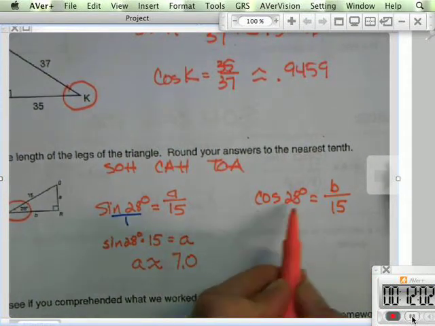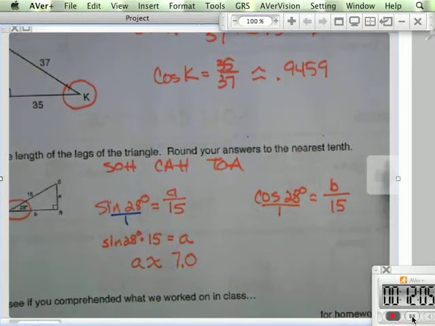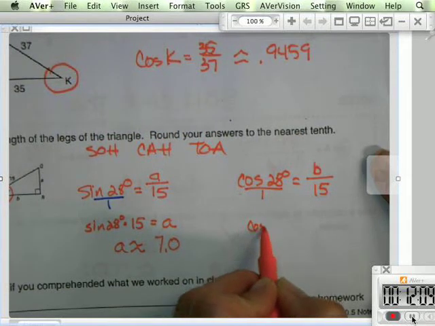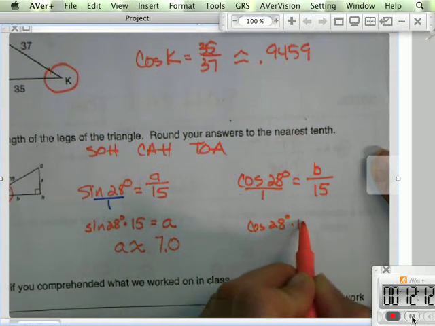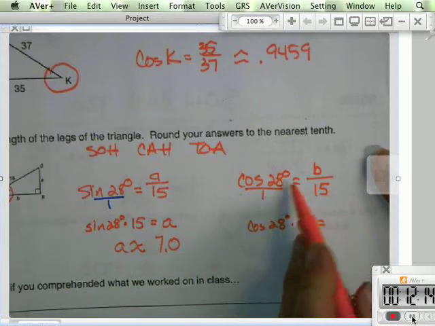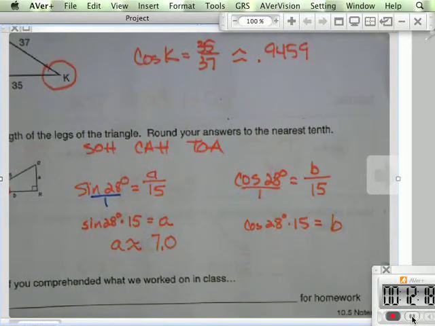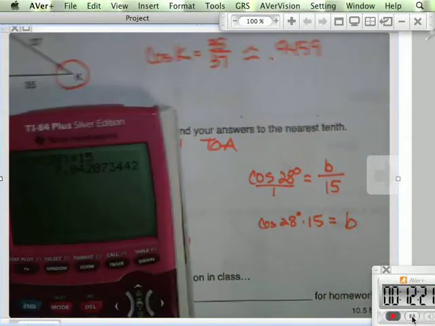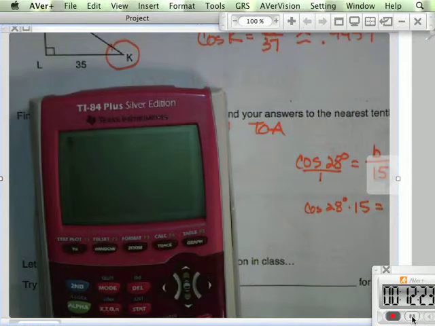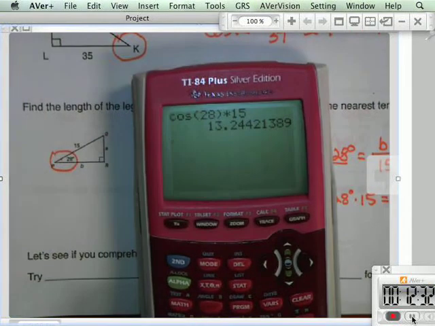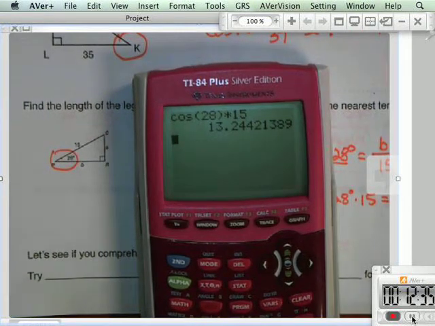Then cross multiply. Cosine of 28 degrees times 15 equals B times 1, which is just B. And then you just go to your calculator. Close the parentheses, times 15. So to the tenths place, what would you put down? 13.2.